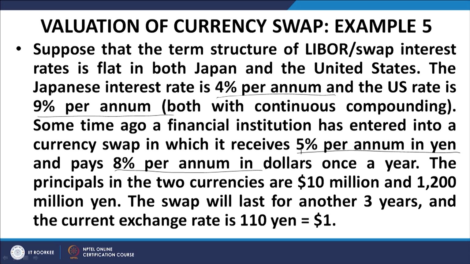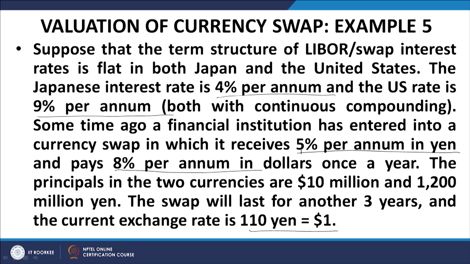The principals of the two currencies were dollars 10 million and yen 1,200 million. The swap will last for another 3 years and the current exchange rate is 110 yen equal to $1. Let me repeat, the current interest rates are: Japanese rate is 4%, US rate is 9%. The rate at which the swap was entered into is Japan 5%.